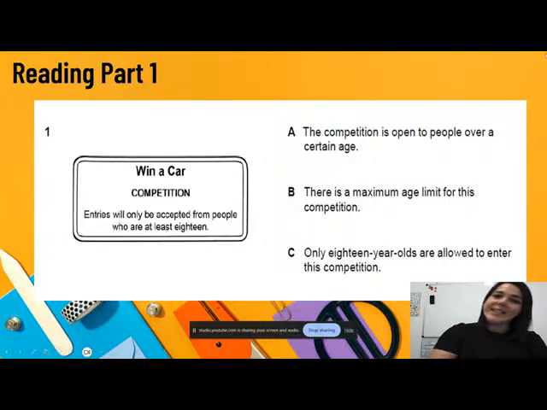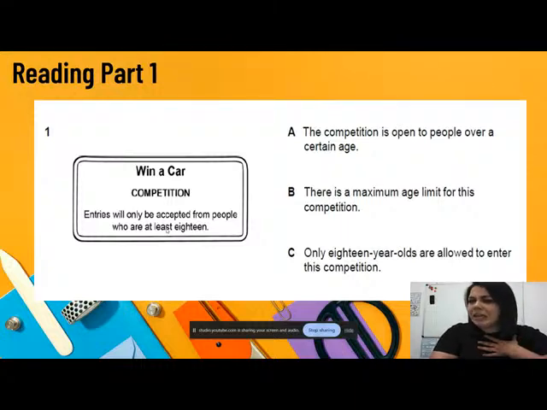Good job. Well, if we have a look at B, we have there is a maximum age limit for this competition. Well, I don't think that's good because it says a maximum age limit, and here it says at least 18, which implies a minimum age limit.